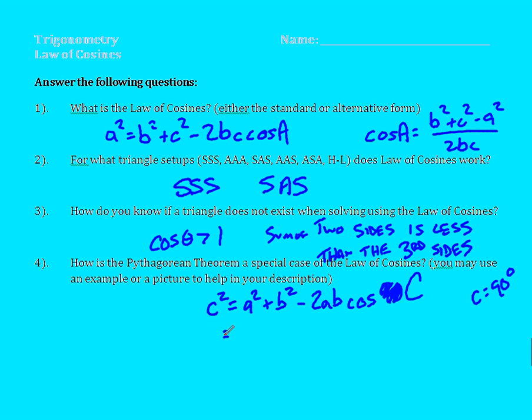So I'm just going to write it that same way: c squared equals a squared plus b squared minus 2ab cosine of 90. Well, cosine of 90 is just 0, so the entire term goes to 0, and all I'm left with is c squared equals a squared plus b squared, which is the Pythagorean theorem. So all you need to do is show the relationship with the Pythagorean theorem and note that cosine of 90 is equal to 0.